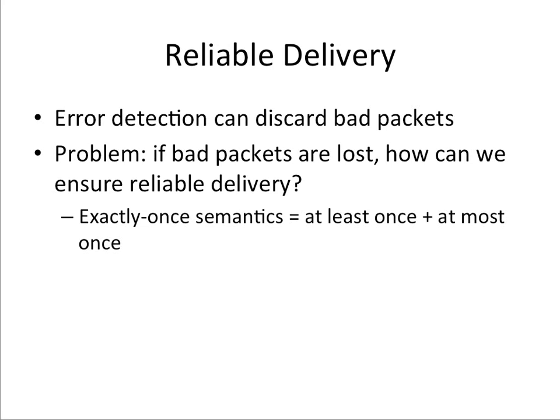How about at least once? Why do we want to have at least once? First of all, the application clearly cares about all the packets, right? That's why it's at least once. But why is it not exactly once and at least once? File download.